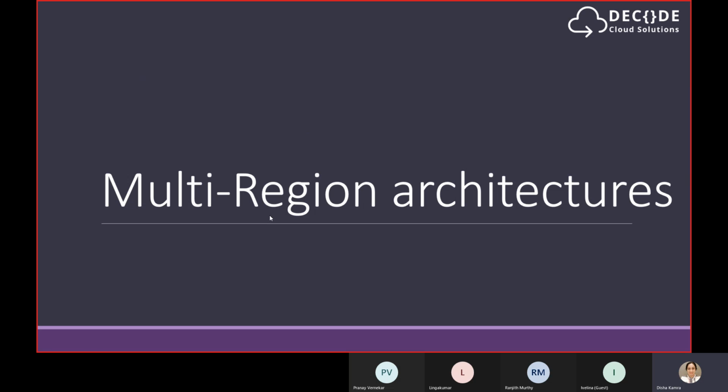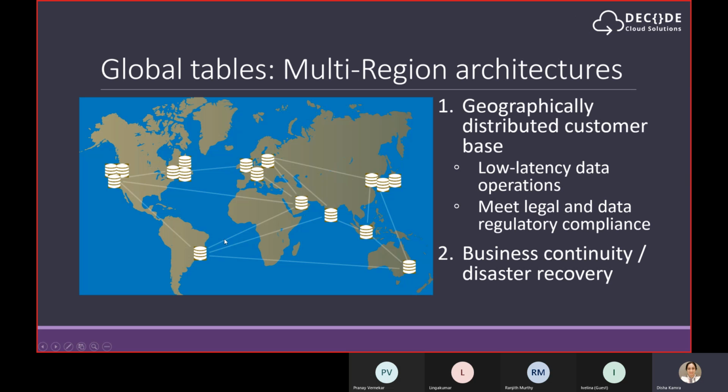When we talk about multi-region architecture, we are talking about the global tables feature, which provides a service-managed means of replication between DynamoDB tables in multiple regions. The table in each region operates like any other DynamoDB table and delivers high availability via storage in 3 availability zones.